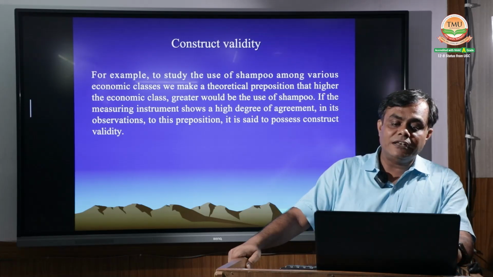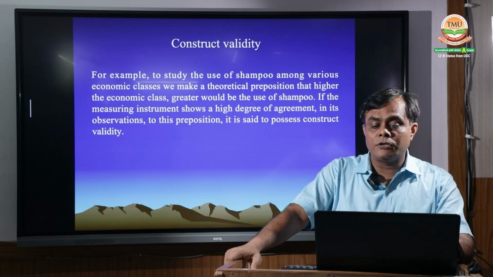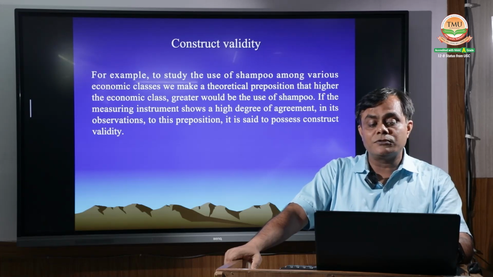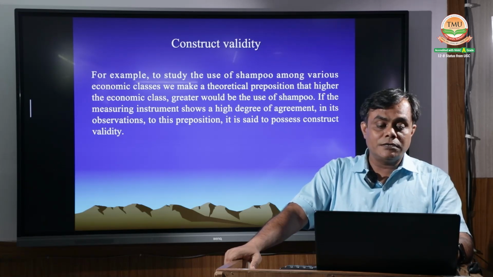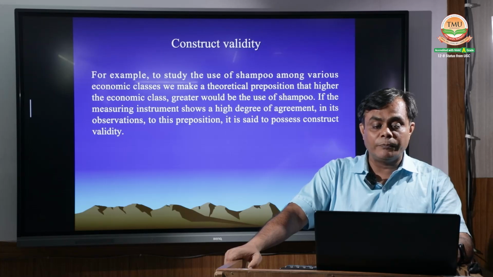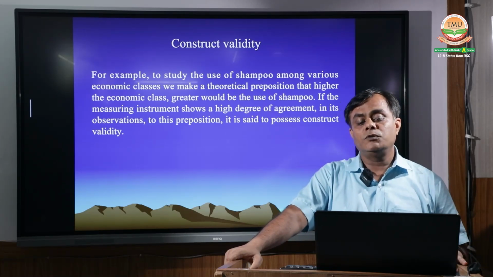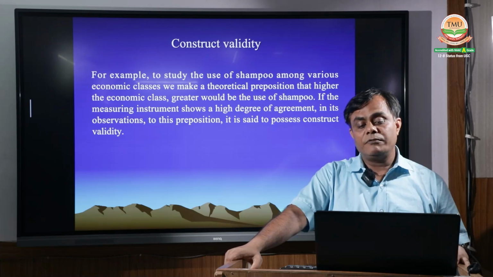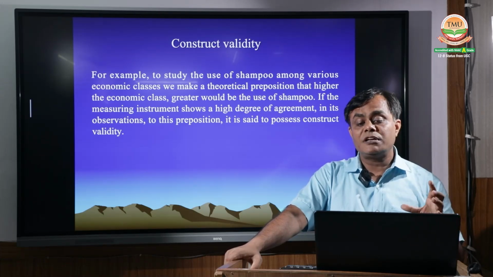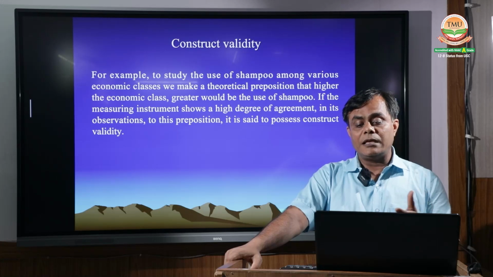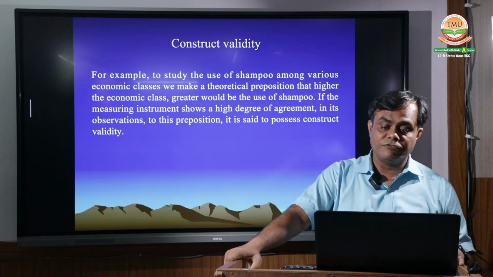So, through the example, we are correlating that the higher income group has a higher consumption of shampoo. If you find a higher degree of agreement between the two events, the higher economic class and the use of shampoo, that type of proposition possesses construct validity.